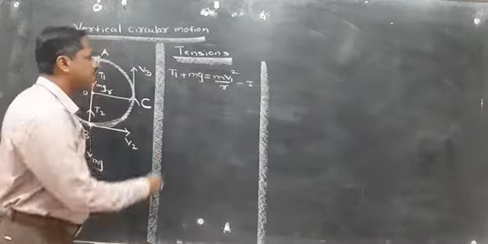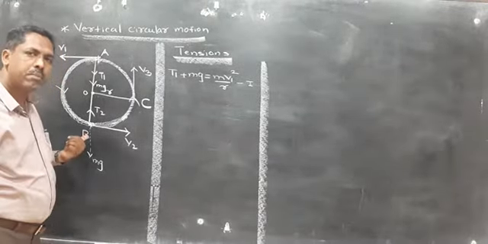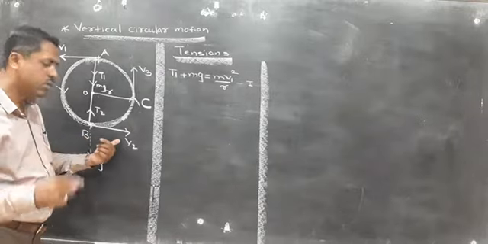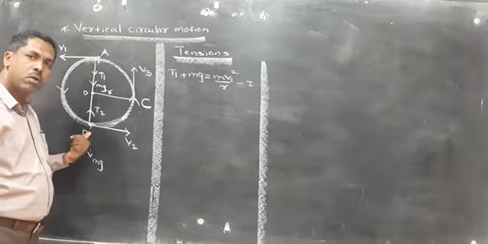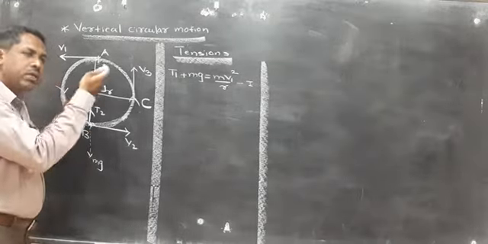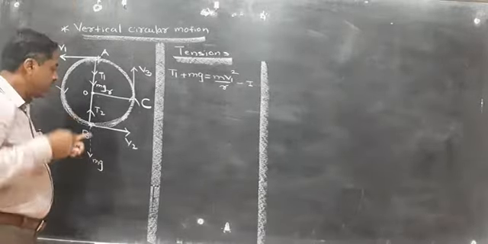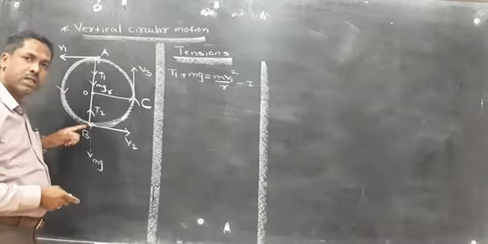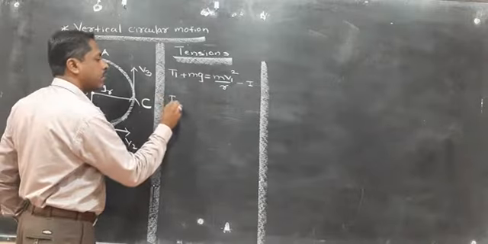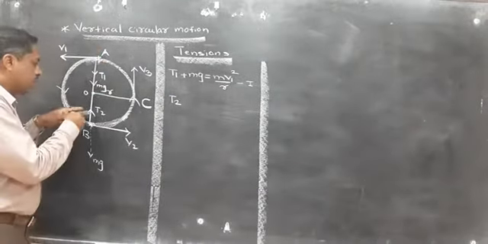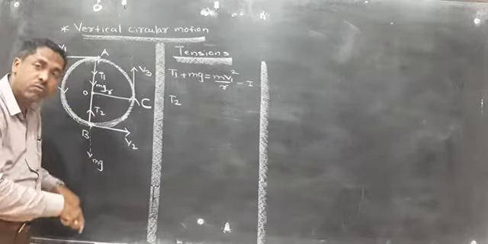Second point. Let us consider the object at the bottom, represented by B, having certain velocity v2. Whenever the object is at the bottom, the tension is acting vertically upward, sorry, upwards. T2. But the weight of the object is still acting vertically downward.